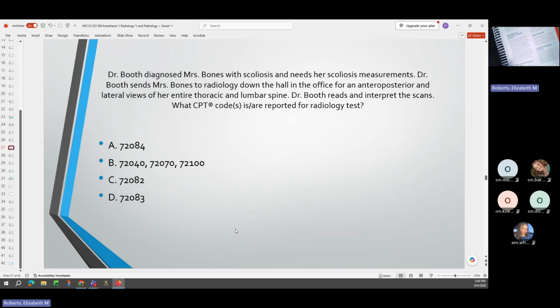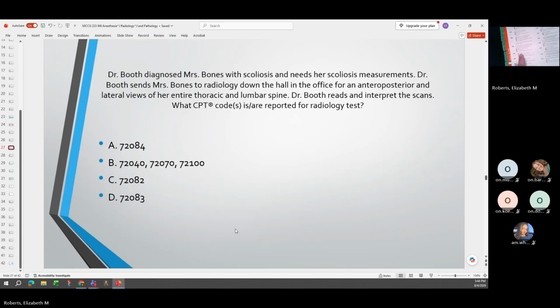So before I even look at the top, I'm going to go to 72082-ish and look at them, right? 72081 is radiologic examination of the spine, entire thoracic and lumbar, including skull, cervical, and sacral spine, if performed, e.g. scoliosis evaluation.